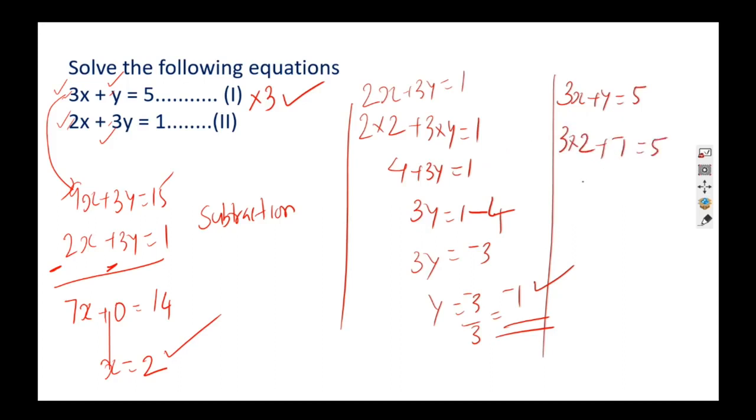Does it come correct? 6 plus minus 1 is equal to 5. Right? 5 is equal to 5. Understood? So this way we can solve certain situations in your exam.